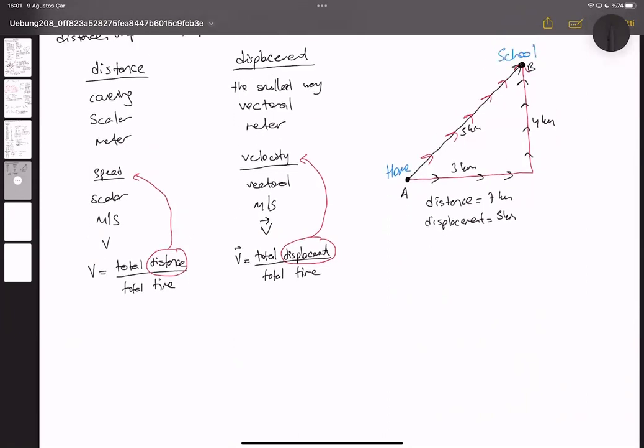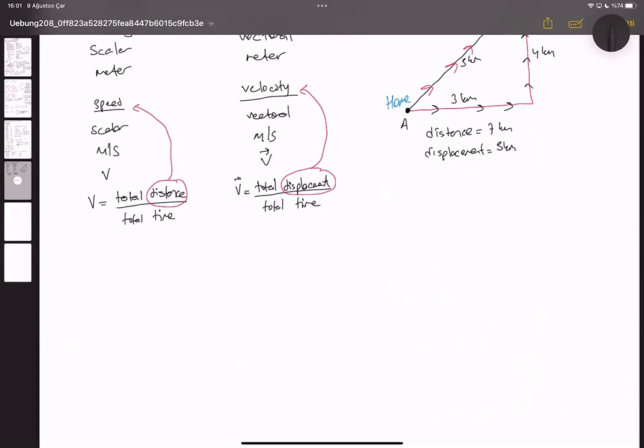So what about the acceleration? Acceleration is the change rate in velocity, not in speed. So we can say acceleration is a vector quantity.